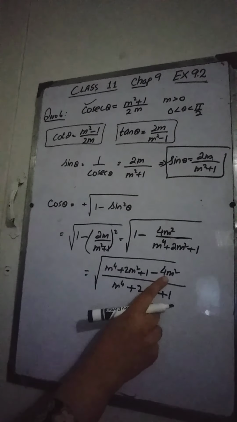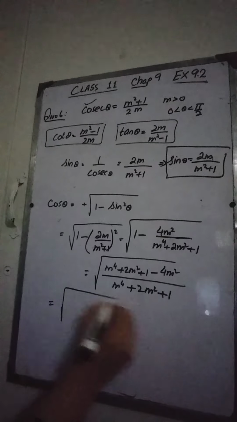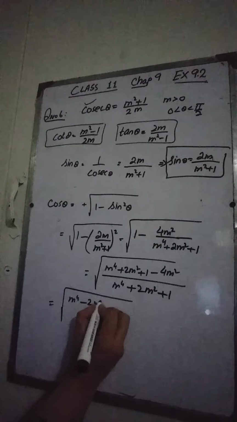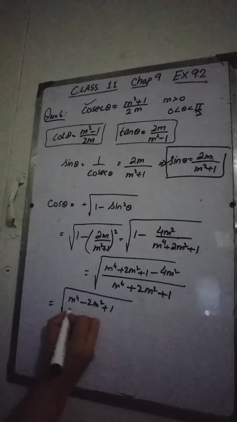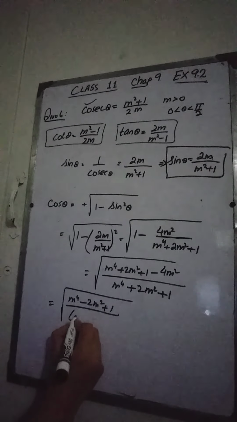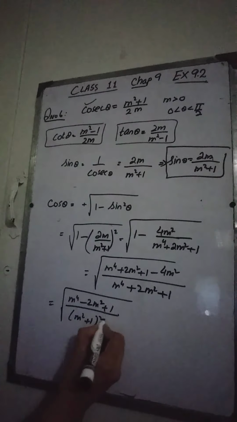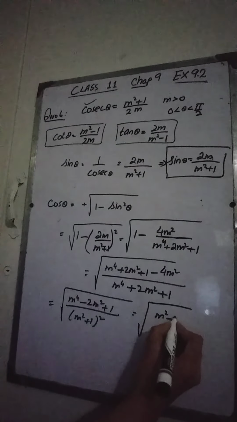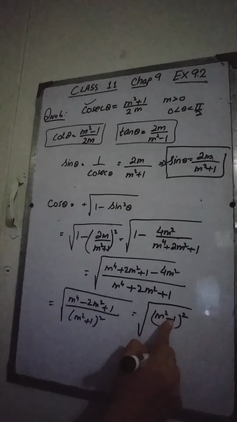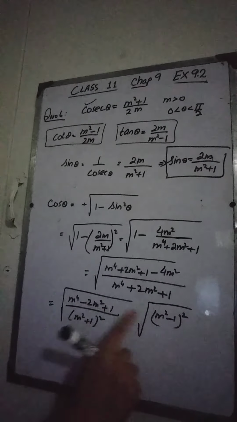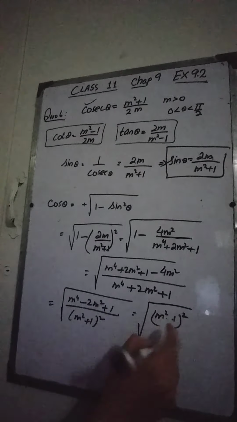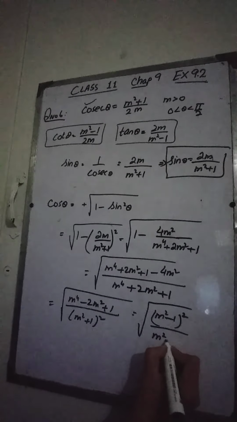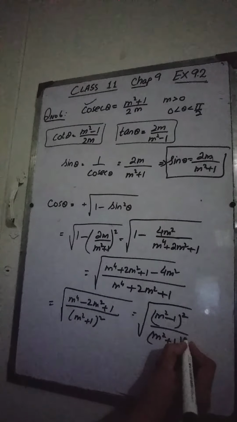Now 2m square minus 4m square will be negative 2m square. So it will be equal to m raised to power 4 minus 2m square plus 1 over this, which can be written as m square plus 1 whole square, and the numerator can be written as m square minus 1 whole square, by using the formula a minus b whole square.